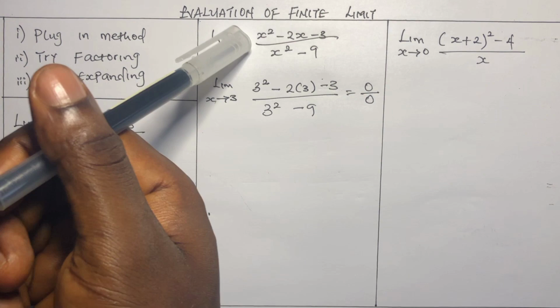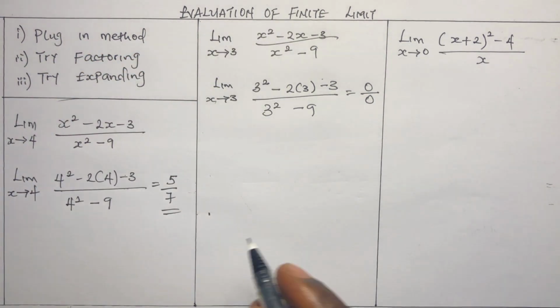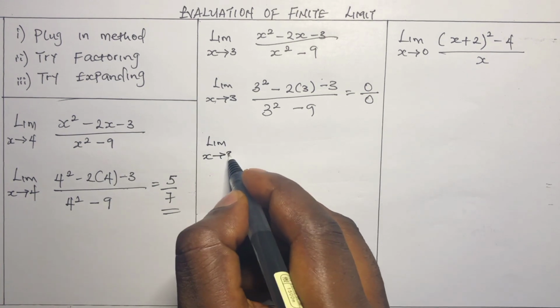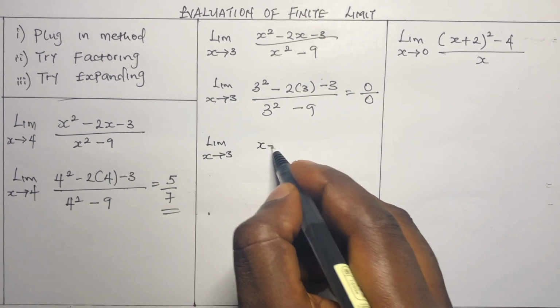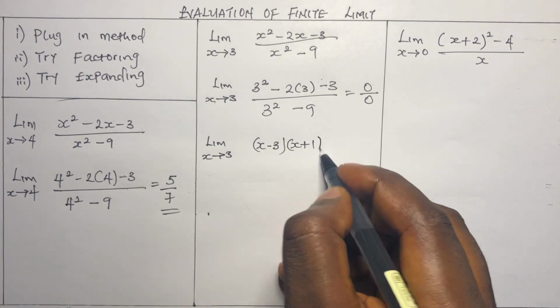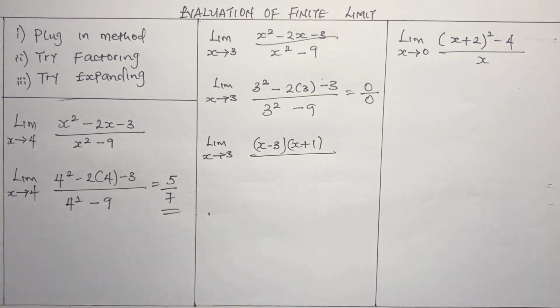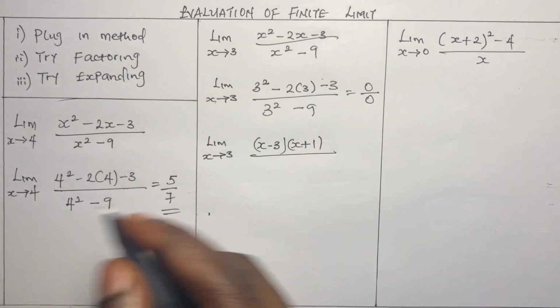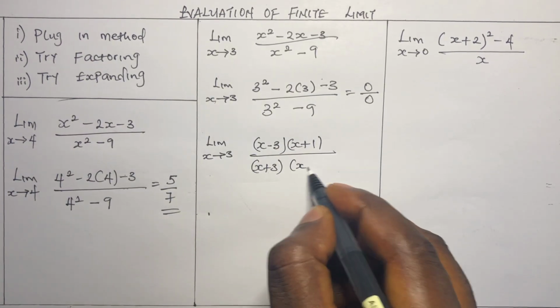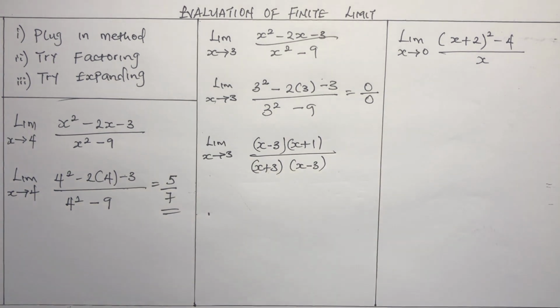And if you factorize x squared minus 2x minus 3, we have the limit as x tends to 3 of x minus 3, x plus 1, all divided by, using the difference of two squares, x plus 3 and x minus 3, right?